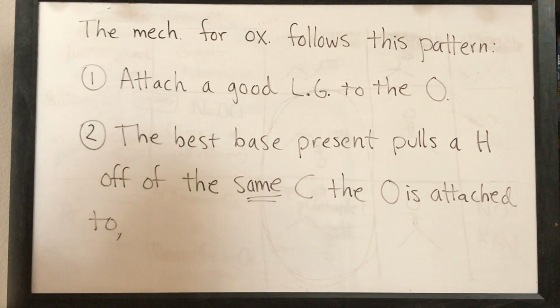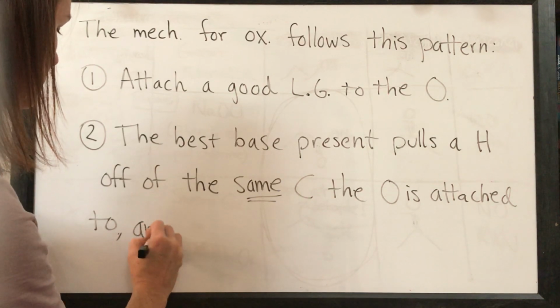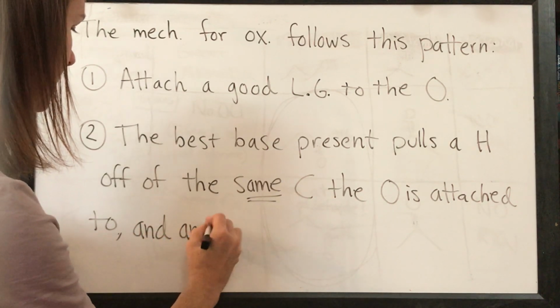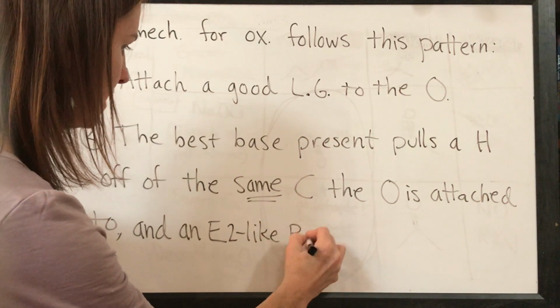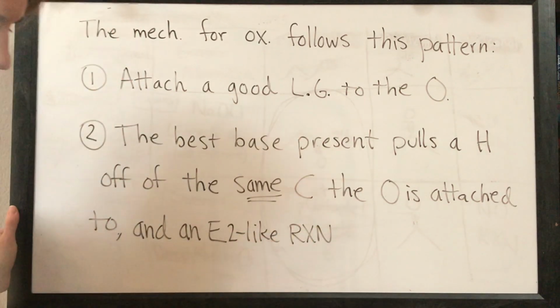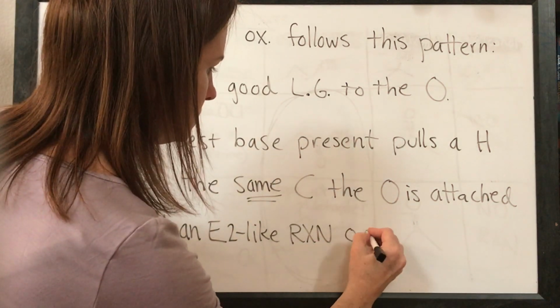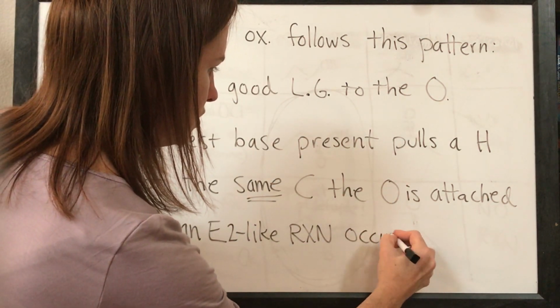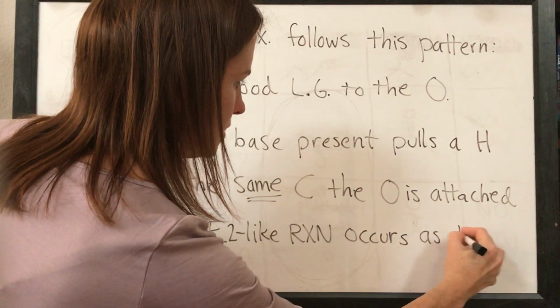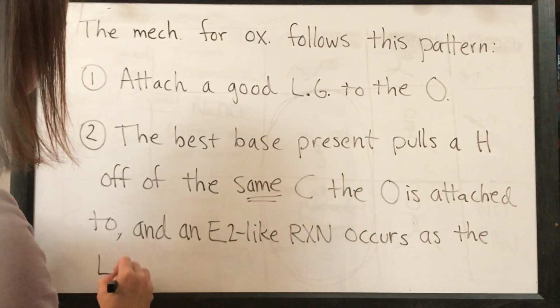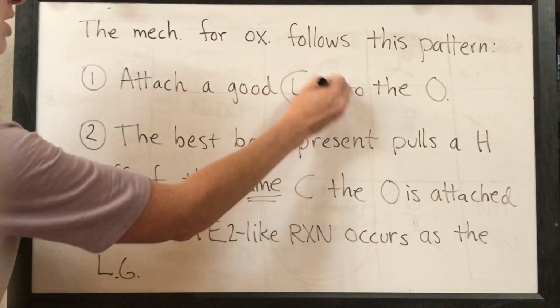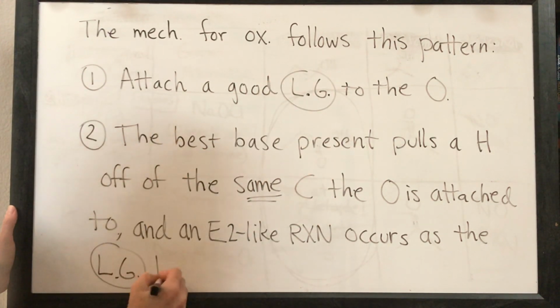But then what happens is an E2-like reaction occurs as the leaving group, this leaving group that we originally attached, leaves.